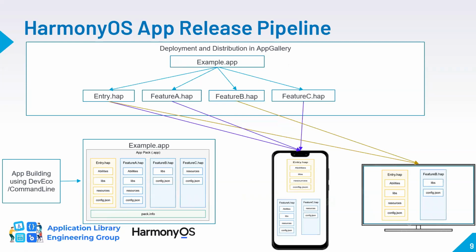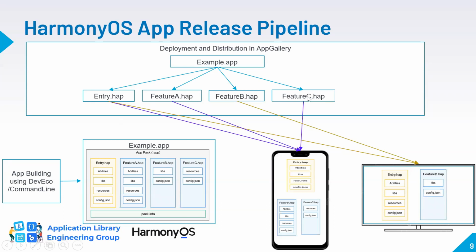When a user tries to download it from a device, that is a smartphone, not all the features or app files need to be downloaded onto the smartphone. Maybe I have a feature called dark mode or night mode that needs to work only in a smartphone and not in a smart TV.